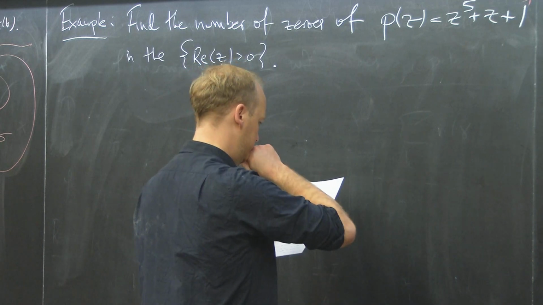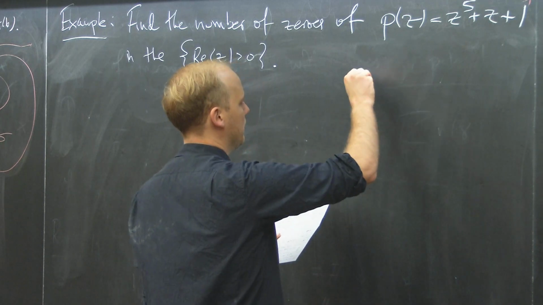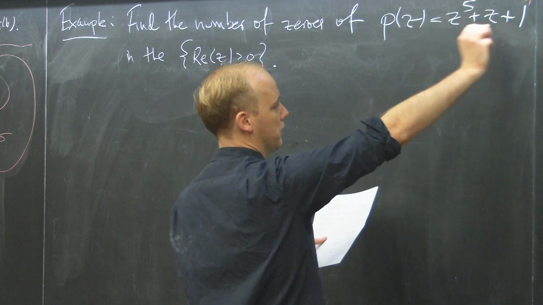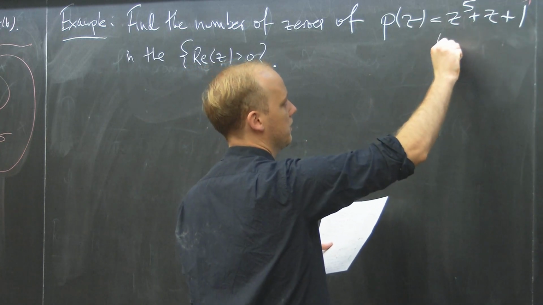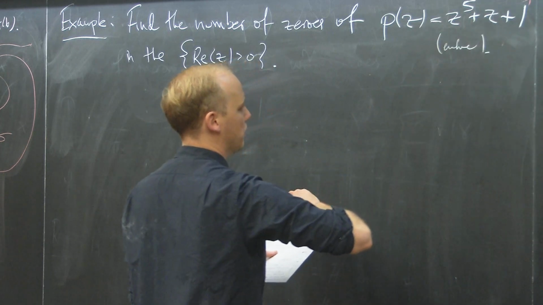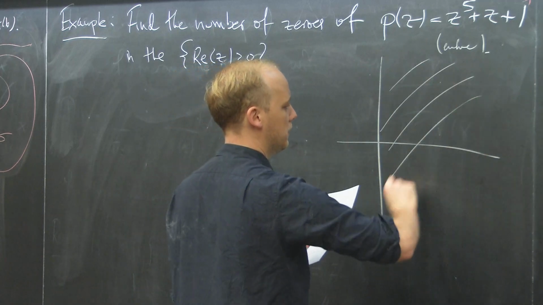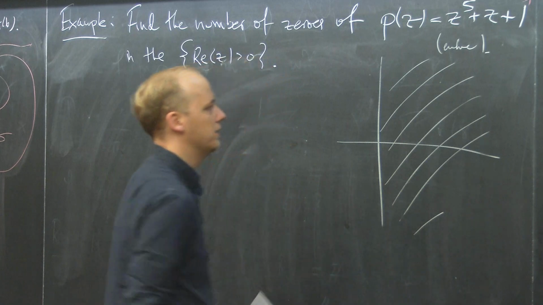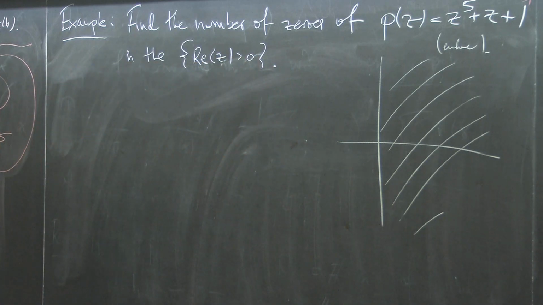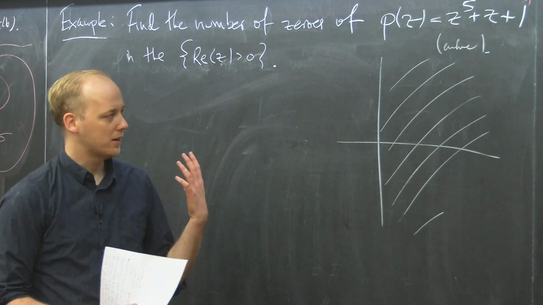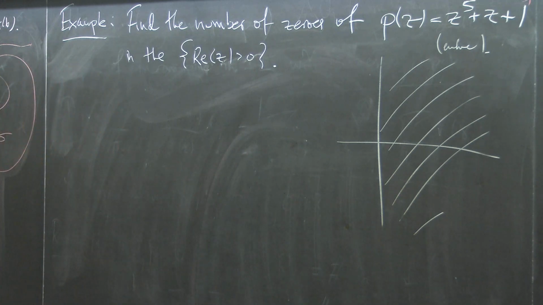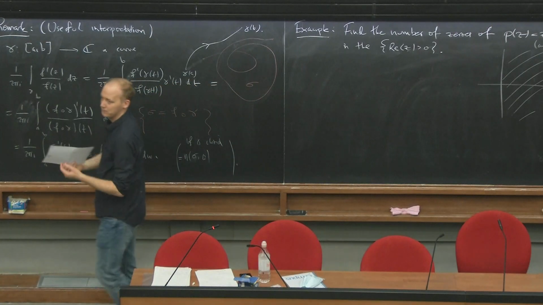So this is obviously a polynomial, so it's an entire function, right? And then we just want to find all of the zeros that it has in the right half plane. And now I'm claiming that we can use this remark that I just gave about this image curve sigma to actually do this kind of thing.